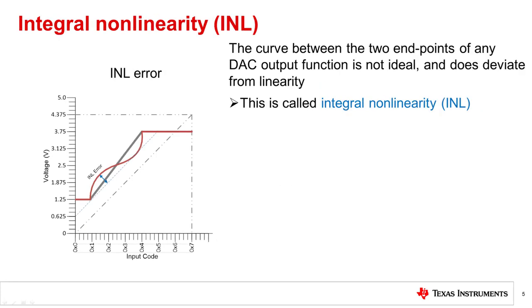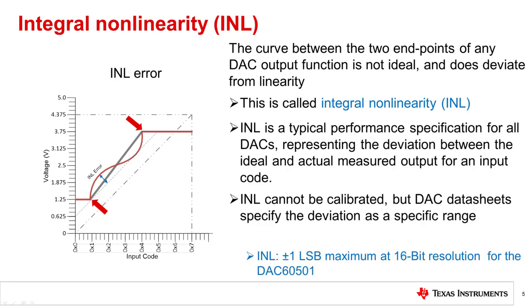Considering that the remaining curve between the two endpoints of any DAC output function is non-ideal, and that it does deviate from an ideal linear transfer function curve, this deviation, the third inherent DAC error, is called integral nonlinearity, or INL. INL is a typical performance specification for all DACs, representing the measure of deviation between the ideal output value and actual measured output for a particular input code.